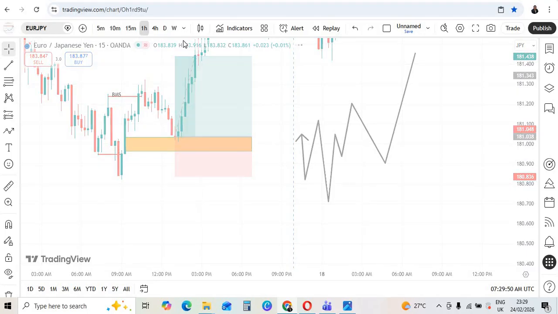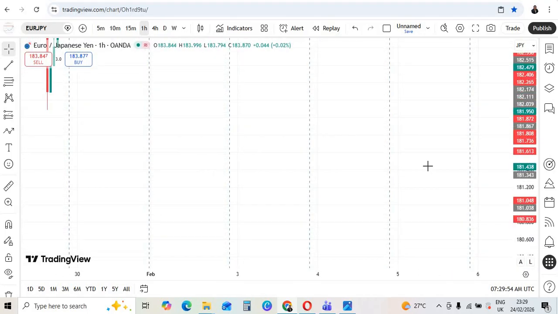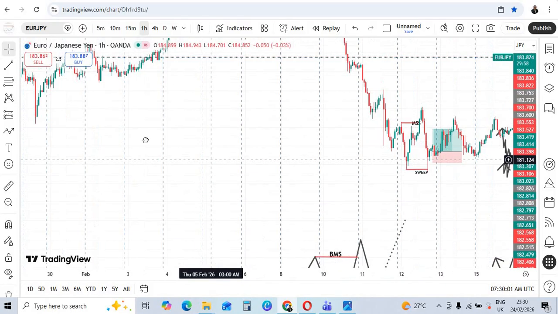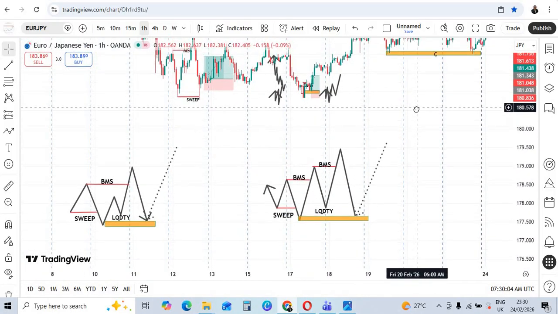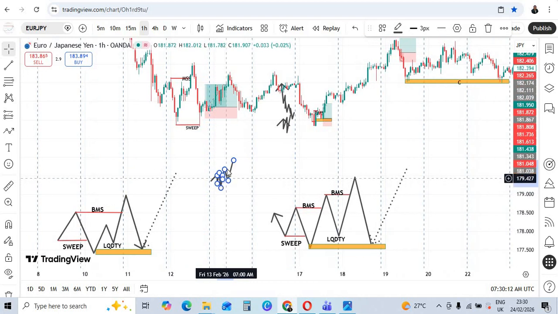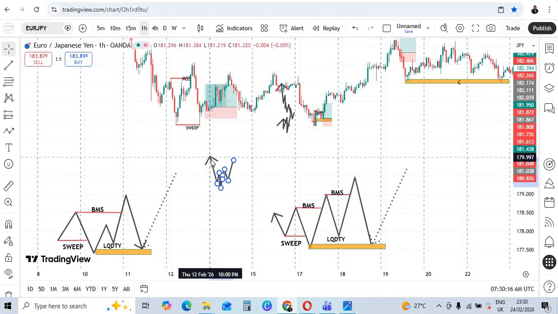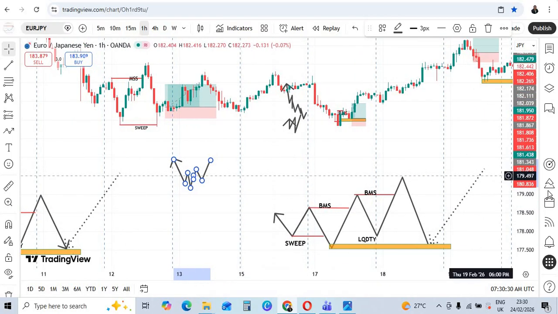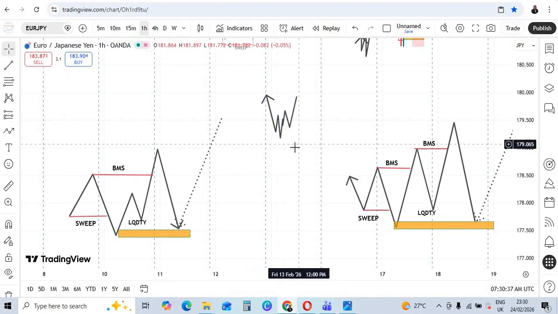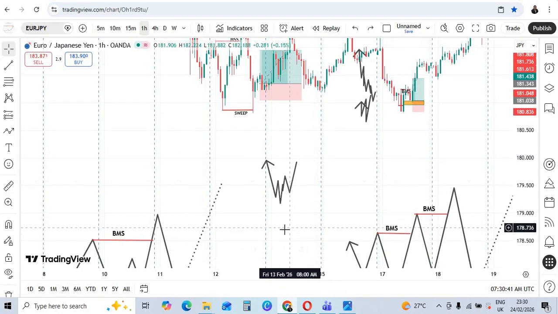So let's go to 1 hour. If you look at this pattern here and this pattern here, you see that they are the same thing.